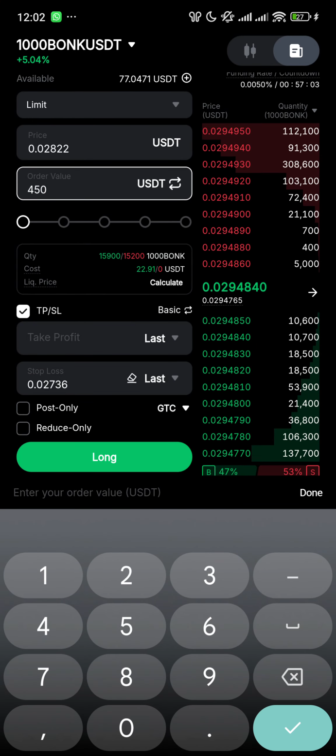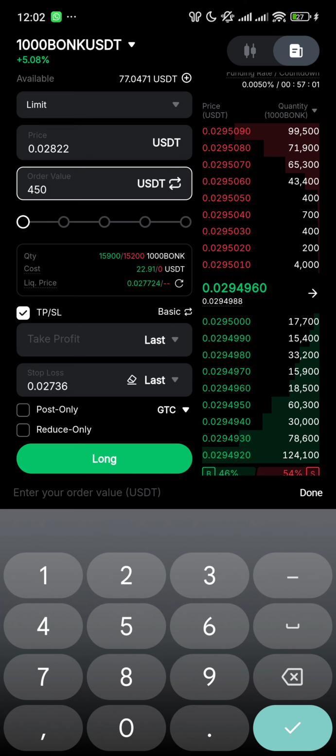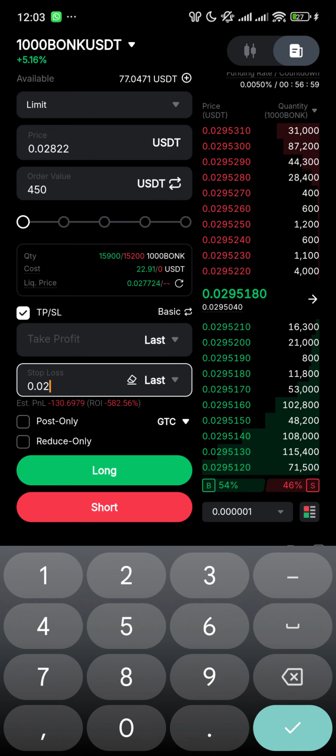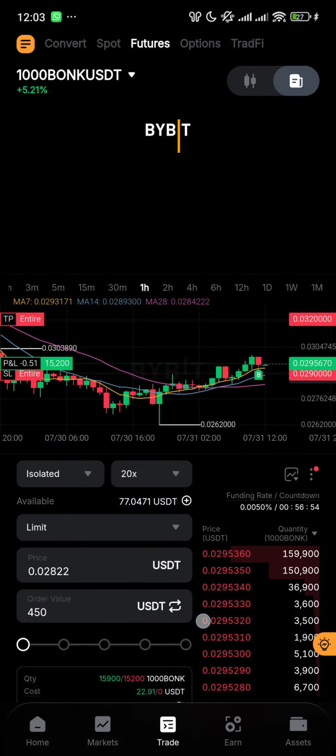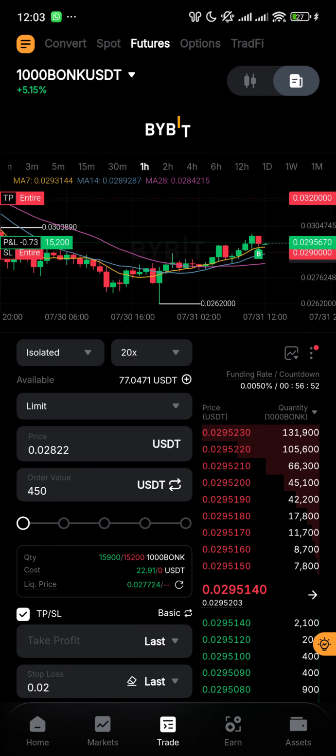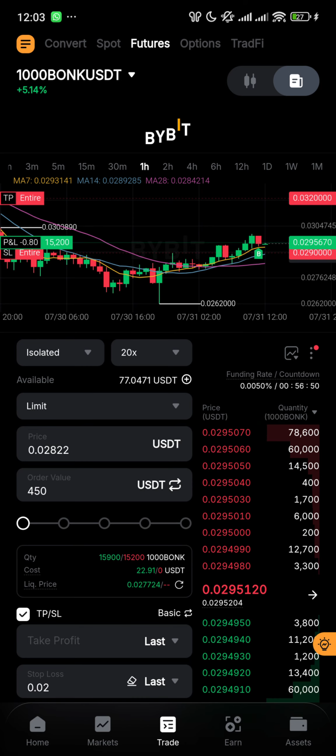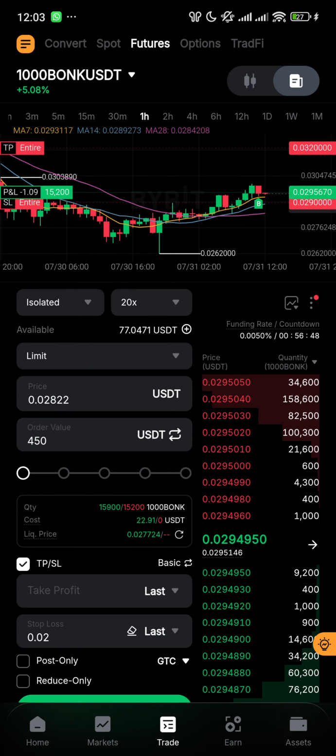So stop loss. Maybe this is misbehaving. Let's refresh the page. Okay, 2763.